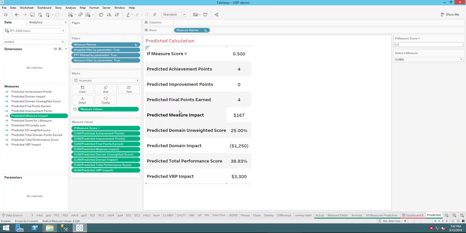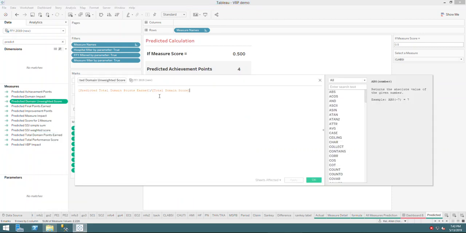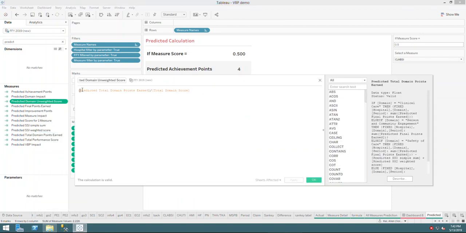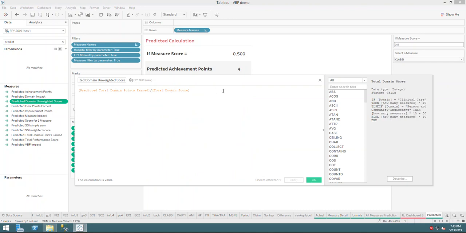That's just the sum of the final points divided by the sum of the maximum I can get. So let's say 8 measures in this domain: the sum of 8 final points divided by 80. The predicted domain unweighted score is just the sum of the points earned divided by the maximum you can get.